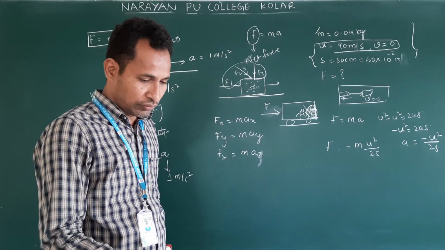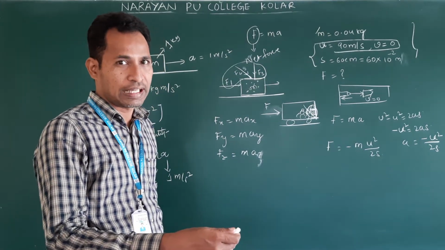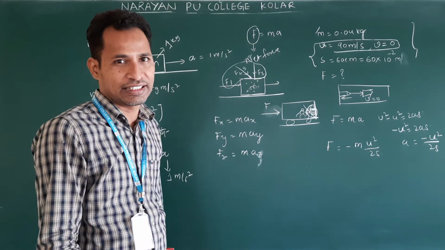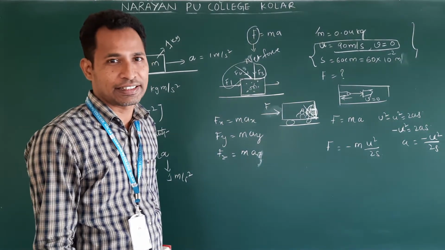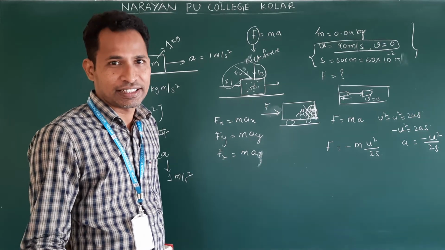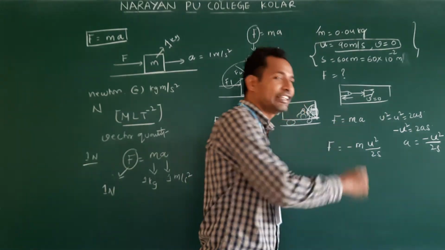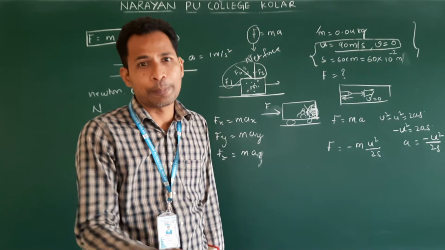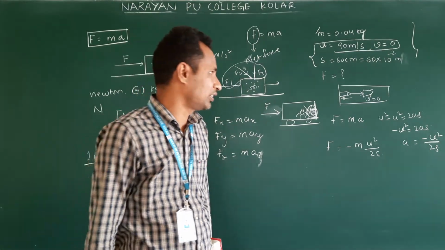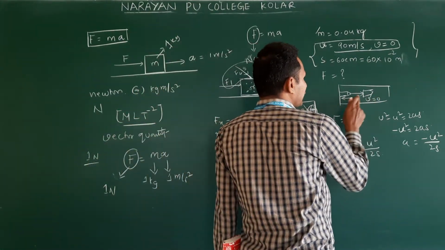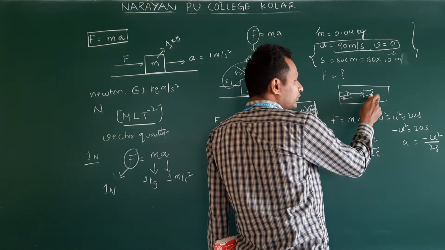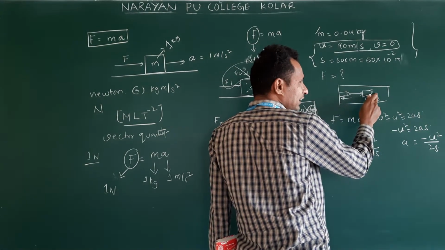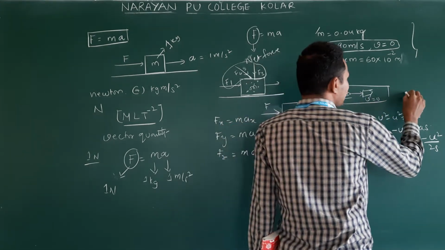Suppose a force accelerates, positive acceleration is there, that is no problem. A force which gives negative acceleration, deceleration, that force we will take as negative. Understand? It acts in the opposite direction. Clear? Is the bullet velocity increasing or decreasing? Decreasing. Is acceleration positive or negative?